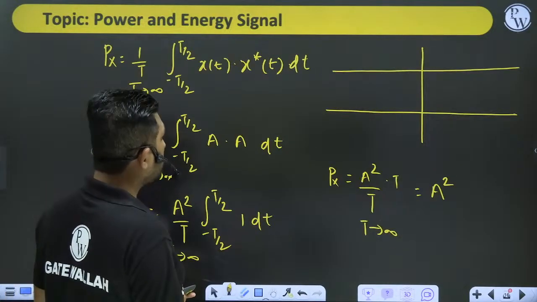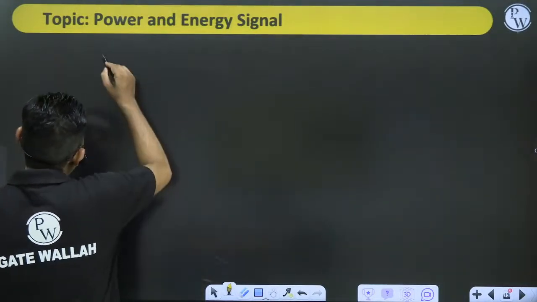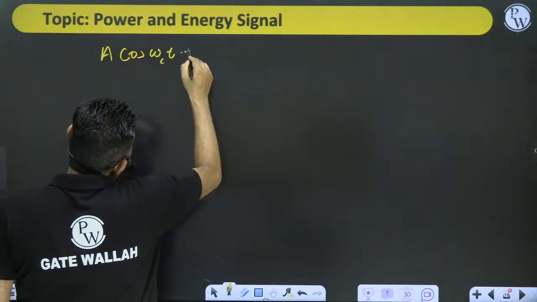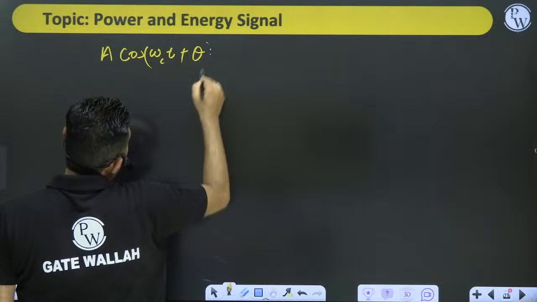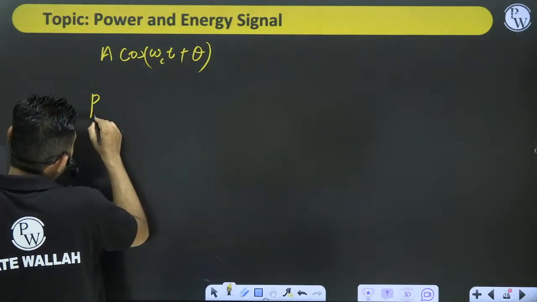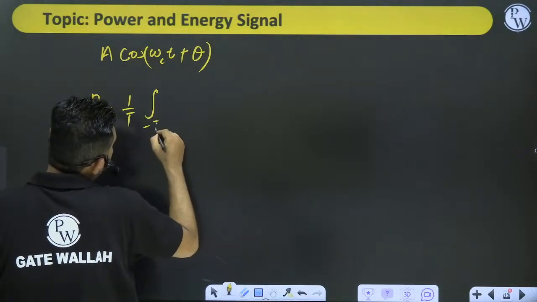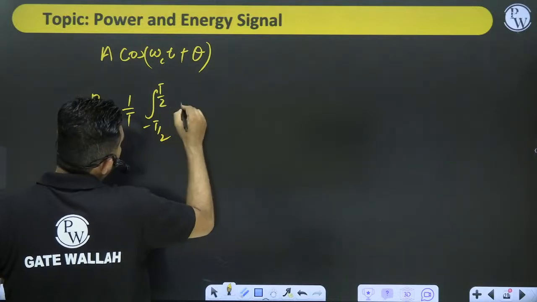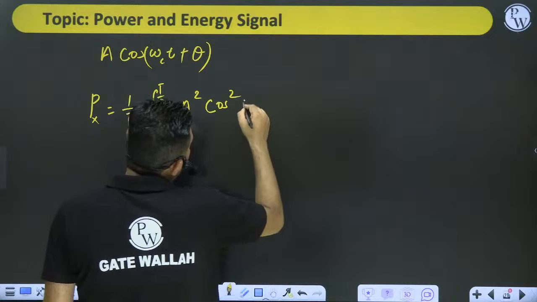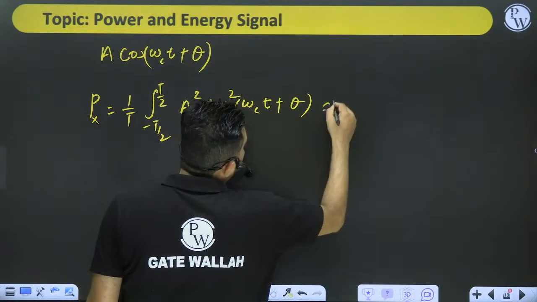Next was this: A cos omega c t plus theta. How will you handle this? A cos omega c t plus theta. Simply go by formula. P x is 1 over T, integral from minus T by 2 to T by 2, A square cos square of omega c t plus theta dt.